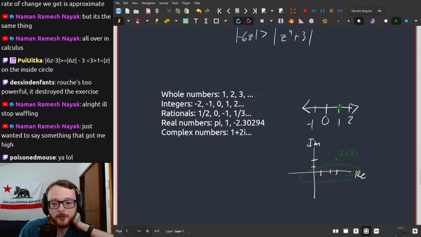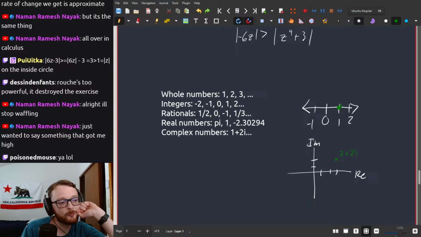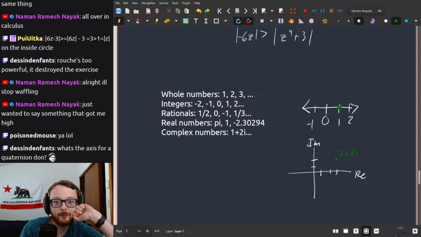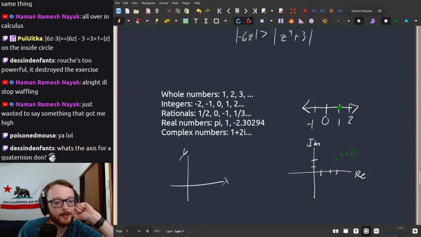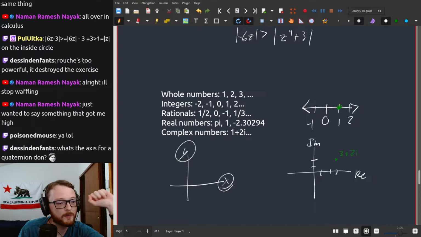We have a real number line and an imaginary number line. And so this is a really different thing from x and y axes. Because with x and y axes, x is your input and y is some output, in terms of functions. But here, the real number is just a number. Imaginary number is just a number. There's no input, output. There's no functions happening here. So that's where the confusion, I imagine, probably is.